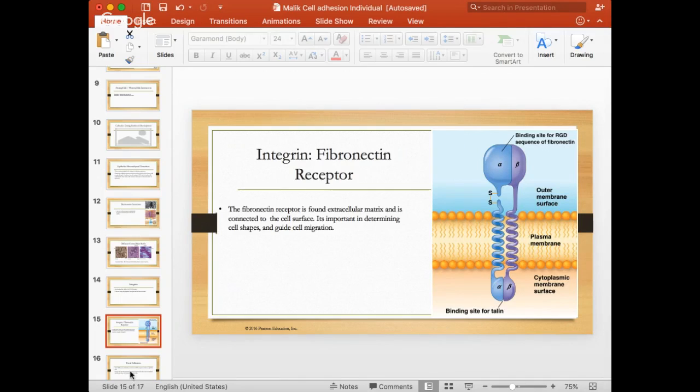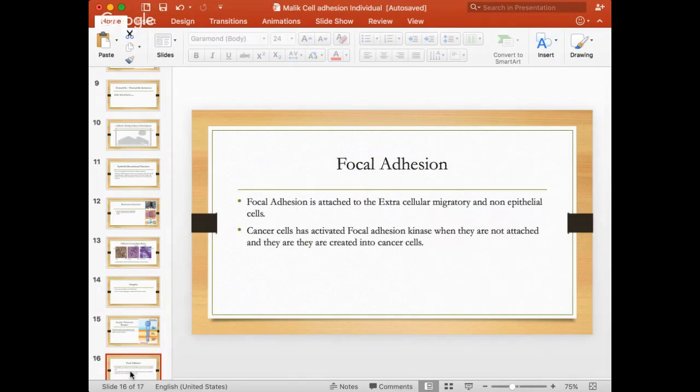And now we're going to go here to the focal adhesion. Focal adhesion is attached to the extracellular matrix in migratory and non-epithelial cells. Cancer cells have activated focal adhesion kinase when they are not attached, and they are turned into cancer cells.